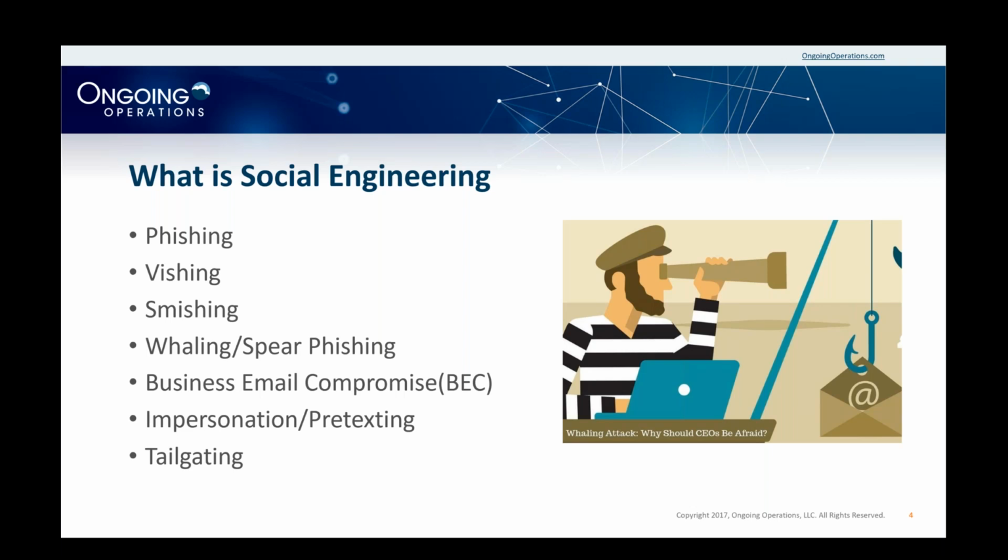Then we get into impersonation or pretexting. This is where attackers either remotely or in person are purporting to be somebody that they're not. A technician from a telephone company, a trusted vendor, your own IT help desk.